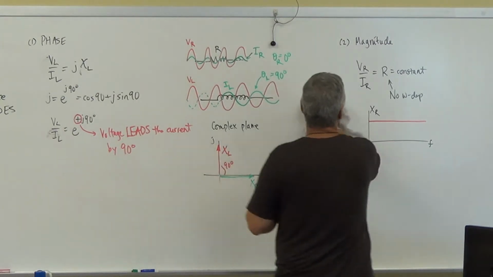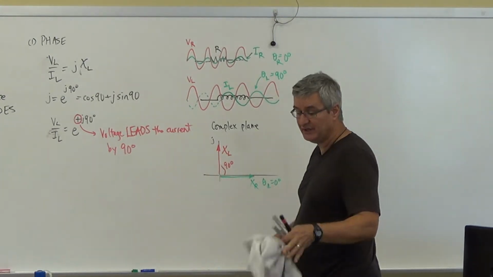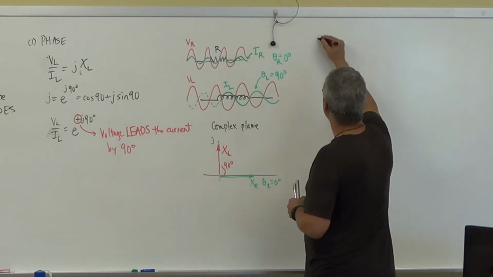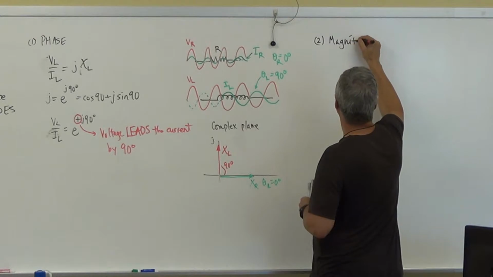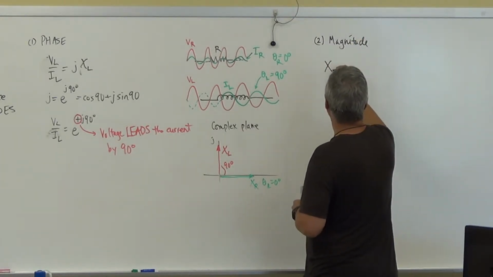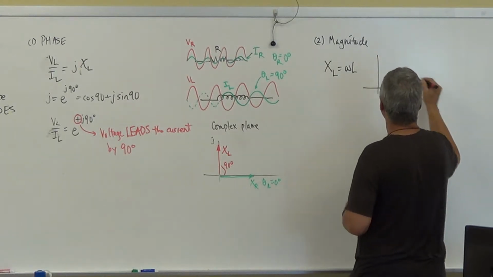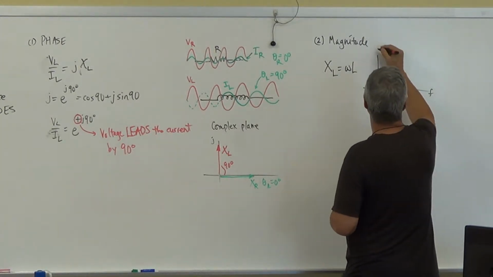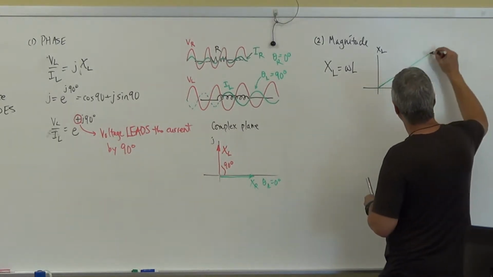Then if I look at the magnitude of this, just like we saw in lab, the magnitude of the inductor is omega L, and when we plot this as a function of frequency, we see a linear behavior.